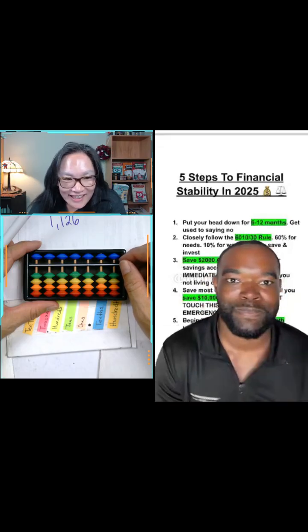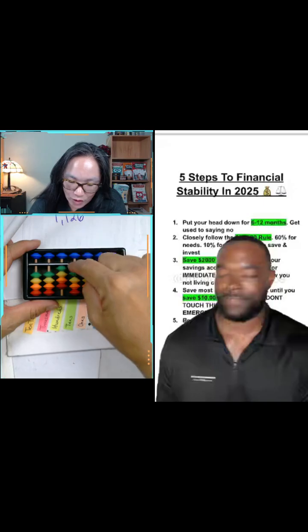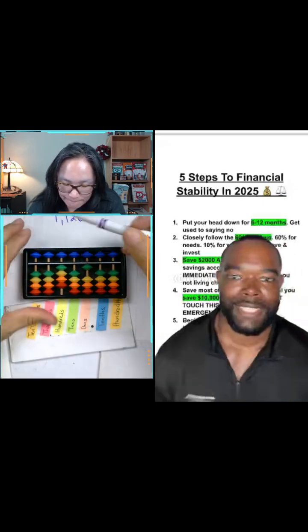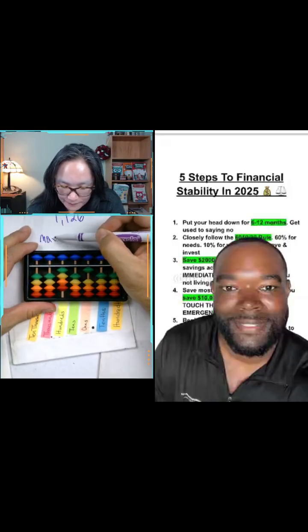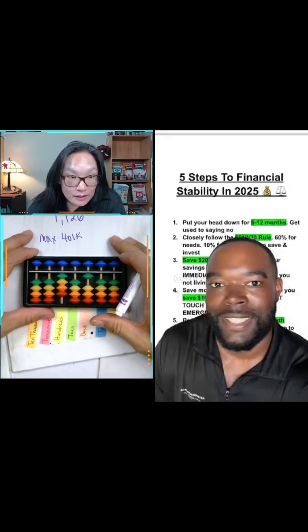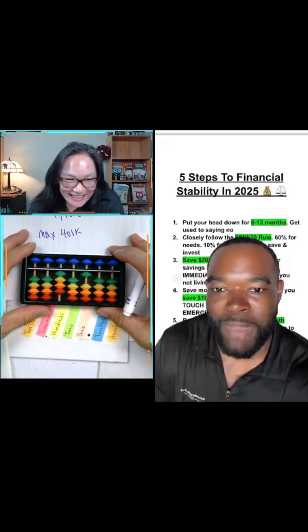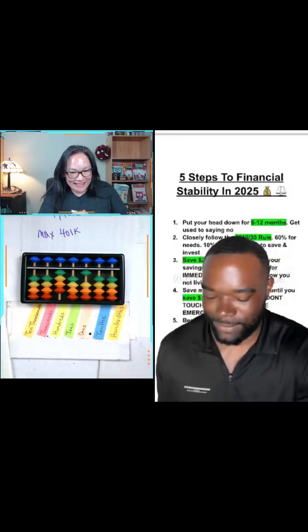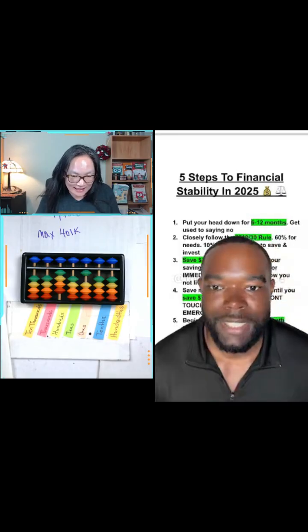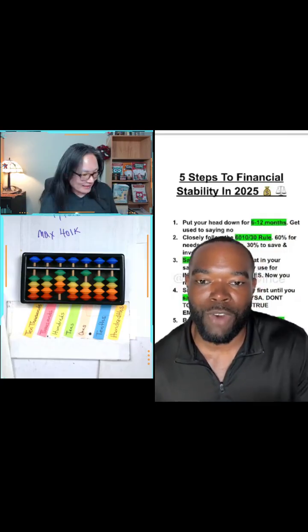Got it. Anybody here have a 401k? Do you know the max that you can contribute to a 401k? Does anybody know the max? 7,000 is for the Roth.